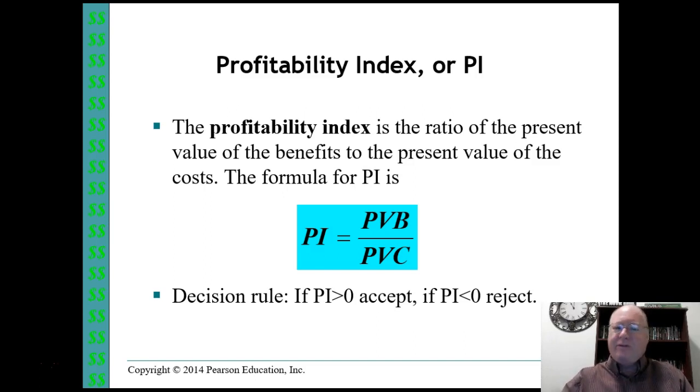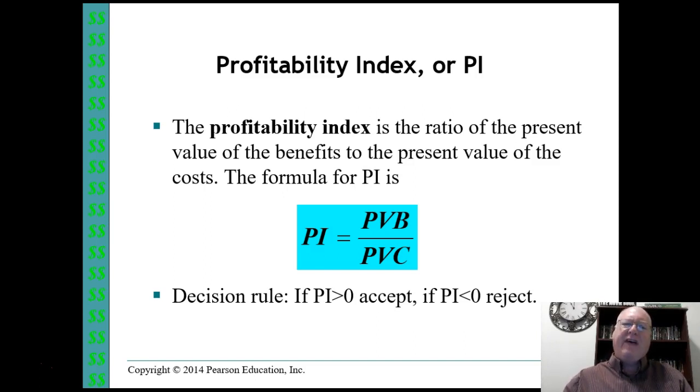And if you can understand here, if the PI is greater than 0, in other words, your benefits exceed your costs, then it's a project that you could potentially accept. If it's negative, you can reject.